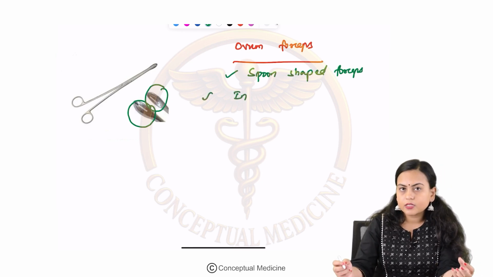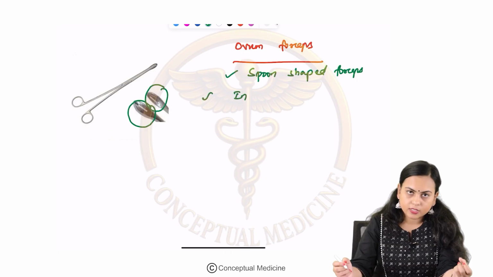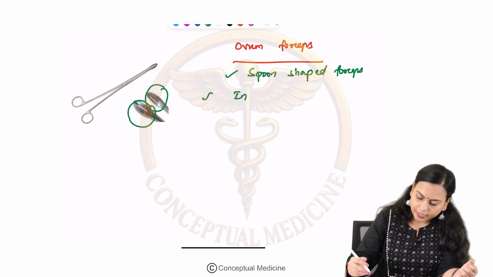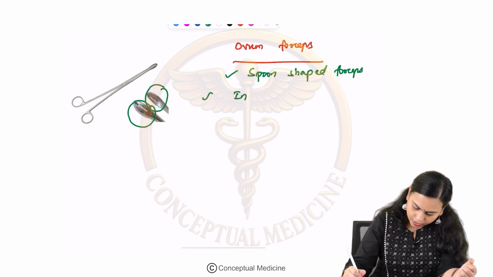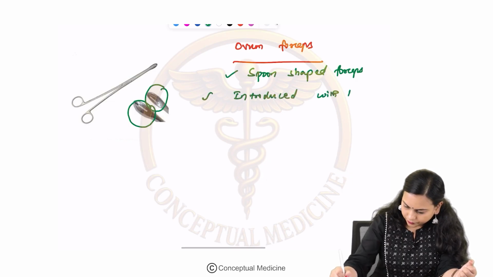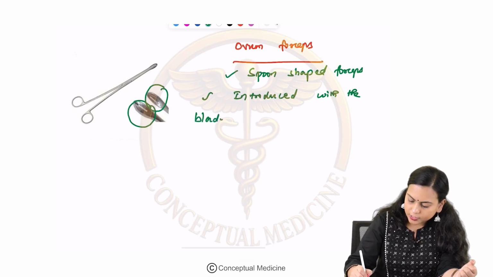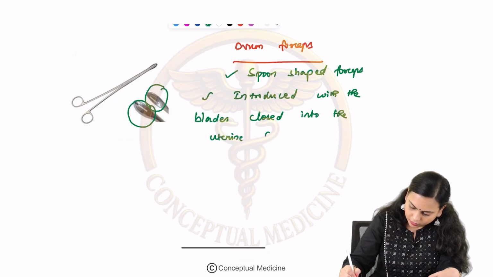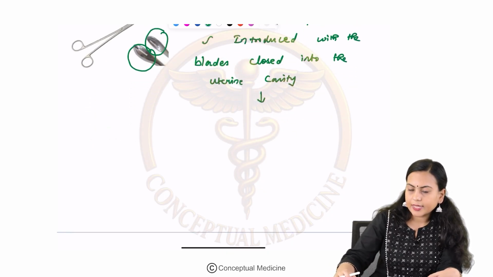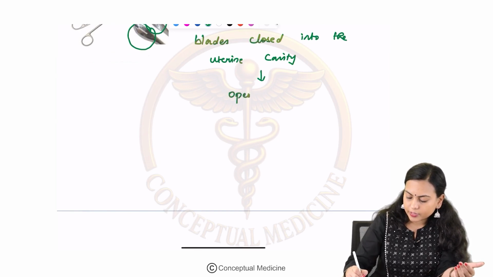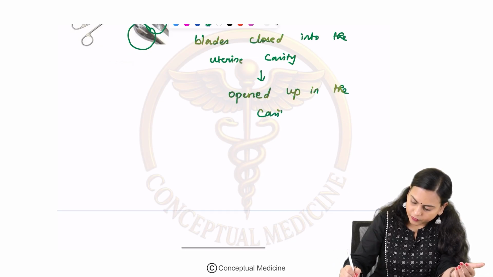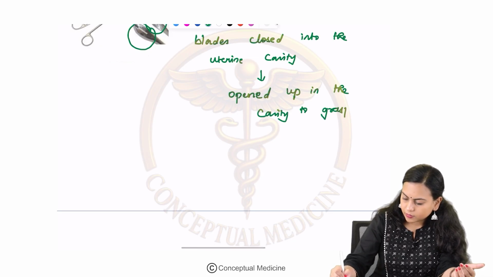It will be introduced into the uterine cavity with the blades closed. Then again it will be opened up in the cavity to grasp the products of conception, and you will try to take them out.